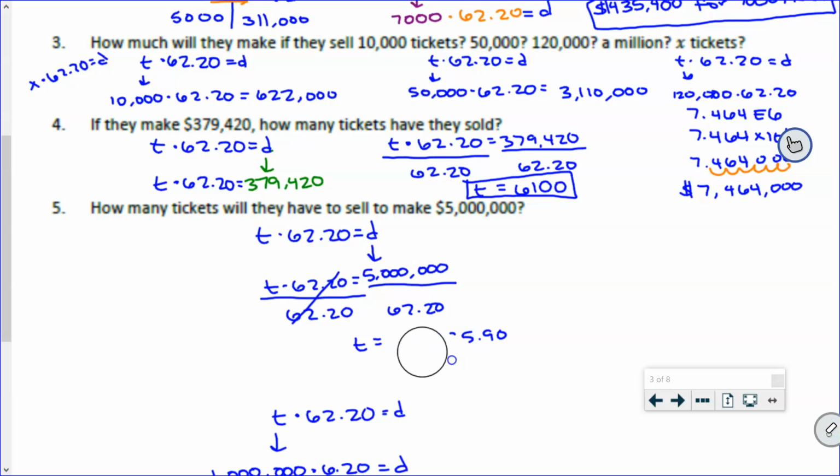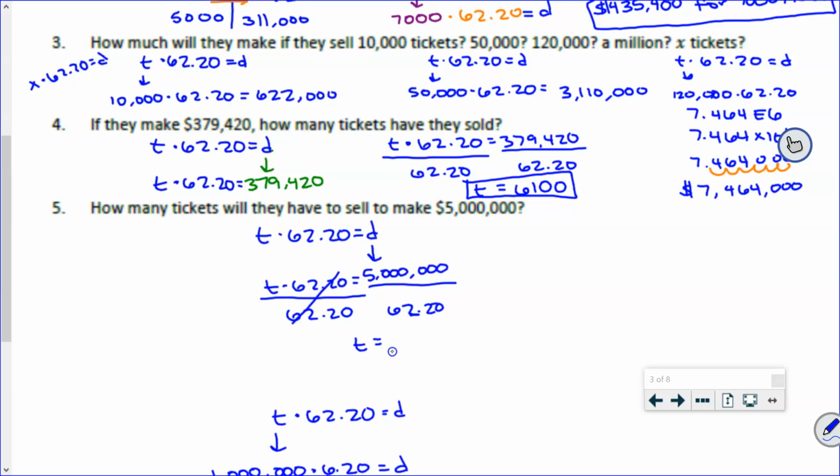85? I want you to double check. I'm not saying you're wrong, but there shouldn't be a decimal if we're talking about tickets because we can't have a partial ticket purchased. So double check. 5 million divided by 6220. We all have calculators.